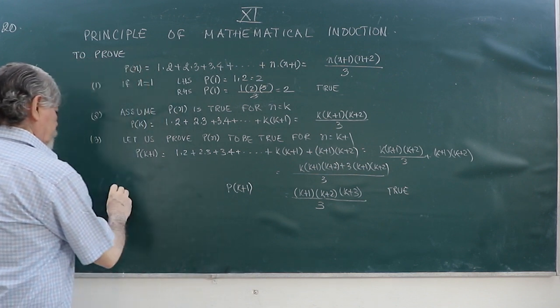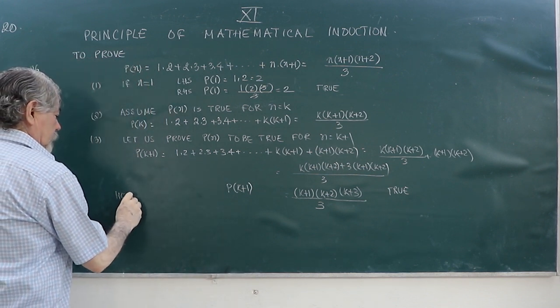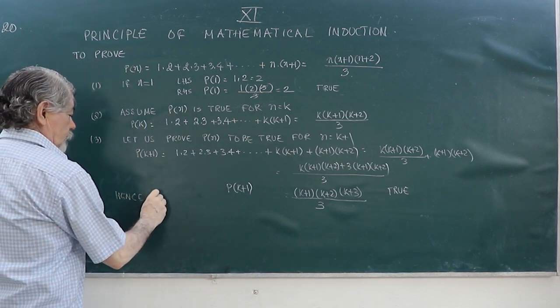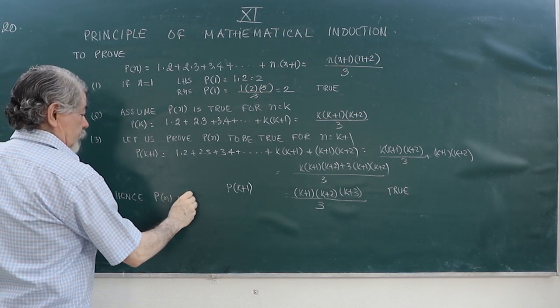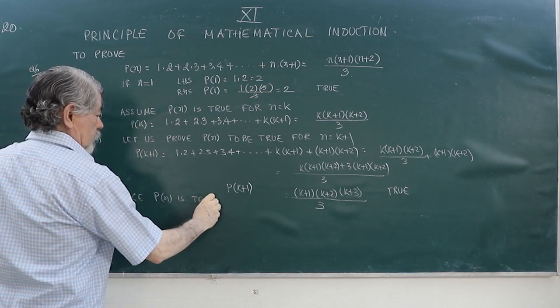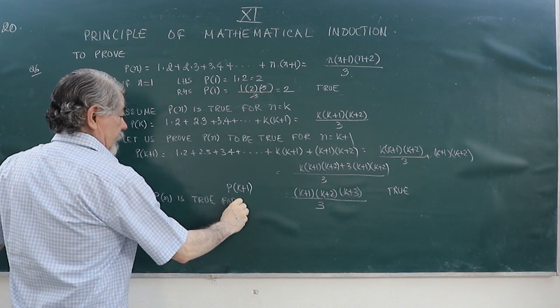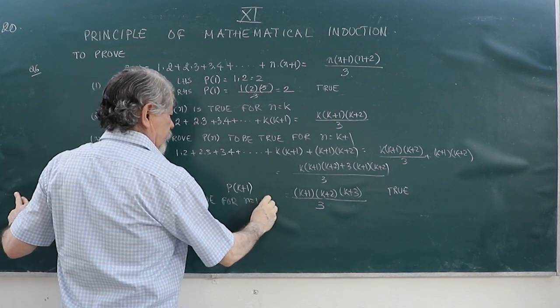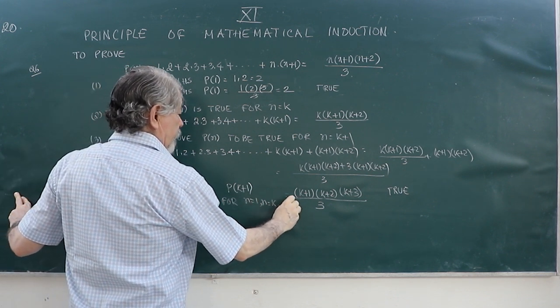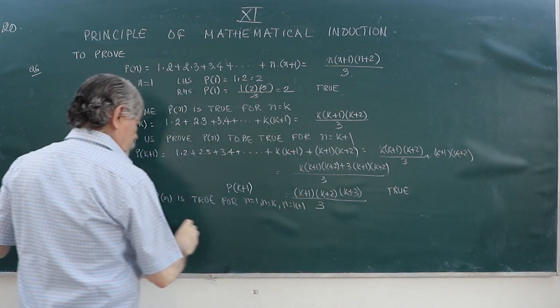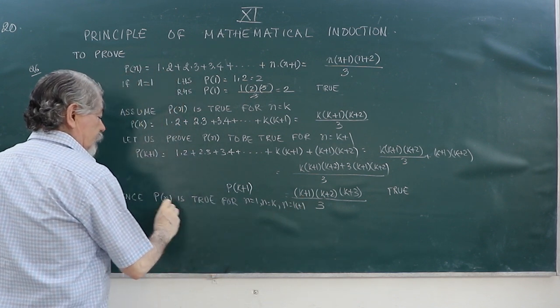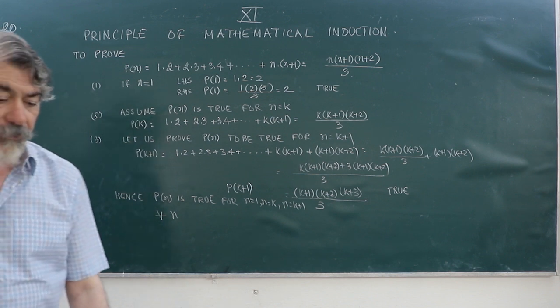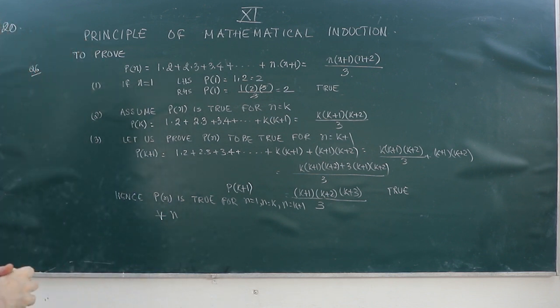Hence, Pn is true for n is equal to 1, n is equal to k, n is equal to k plus 1, true for all values of n. So it is true for all values of n.